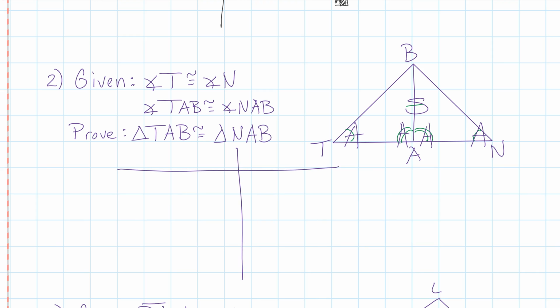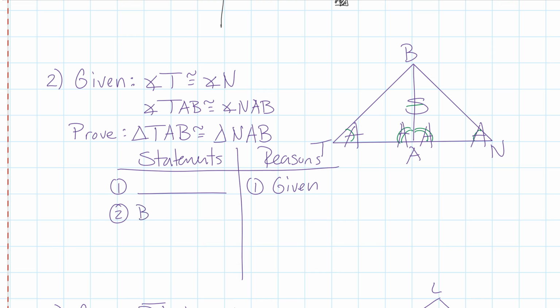So now I can write my proof. I'm again just going to quickly sketch it out. Statements, reasons. Of course, you first write your given, and we know it's true because it's given. Then what did you say? Right, the reflexive side, BA, is congruent to itself. And how do I know it's true?